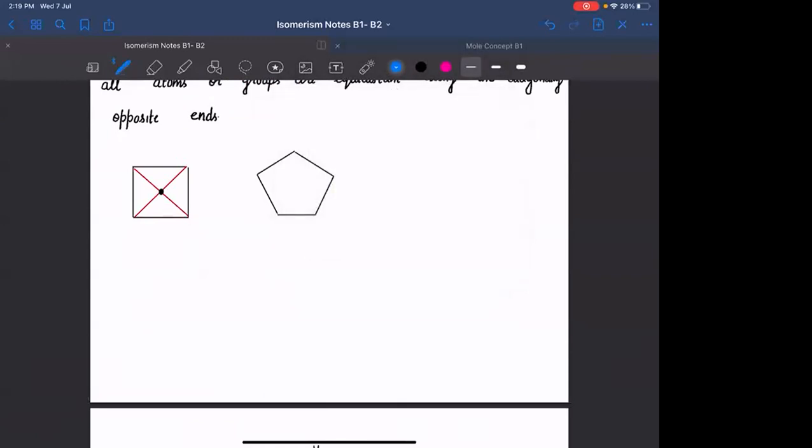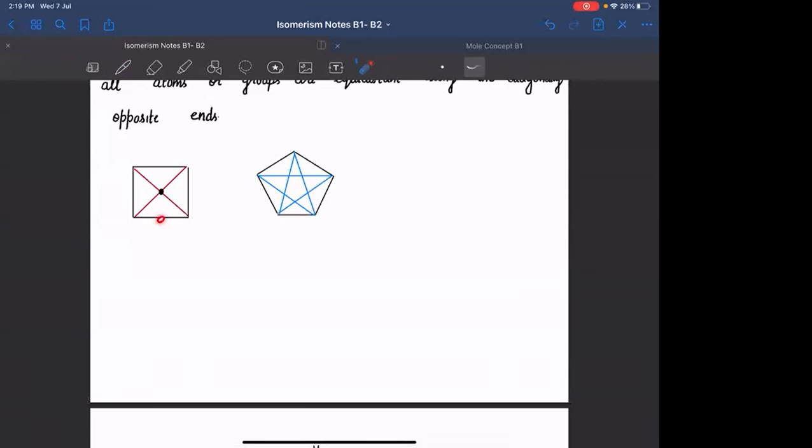If you draw the diagonals, this is one diagonal. This is another diagonal. This is the other diagonal. Are these all diagonals intersecting at a common point? No, right? Is there any common point of intersection of all these diagonals?